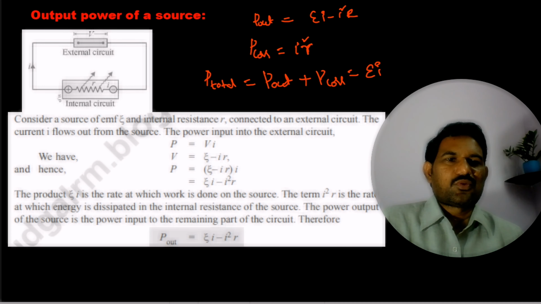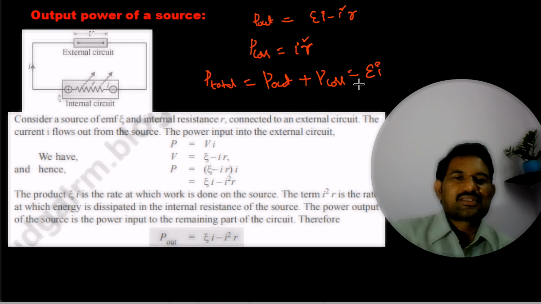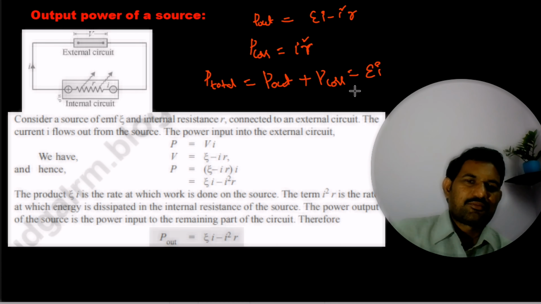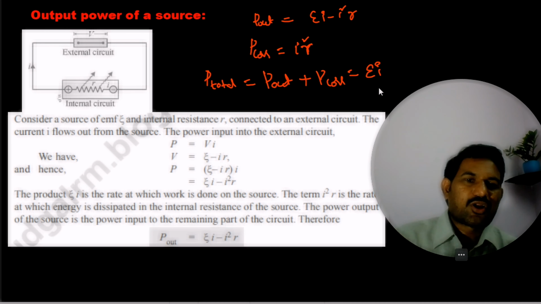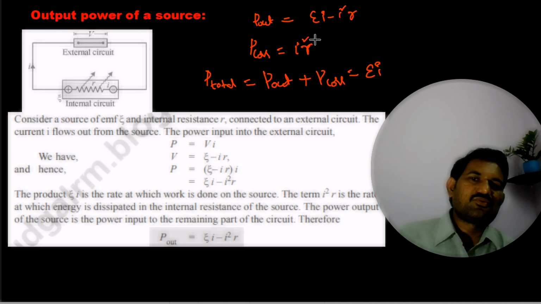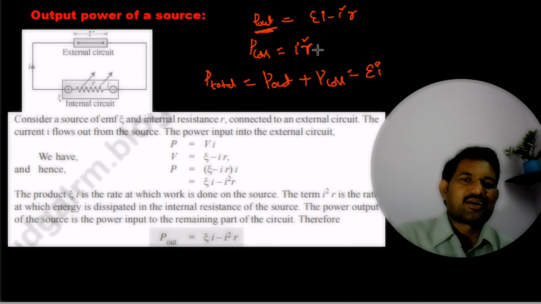Sorry, in the output term you need to write this as smaller I square into smaller r. Now VI is the power delivered by the cell. That means in total it can produce EI, but out of that the useful power is only this value. This is the loss of energy and this is the useful power, which we give as output. Output is nothing but the useful power. So useful power is EI minus I square R, whereas the loss is I square R here.